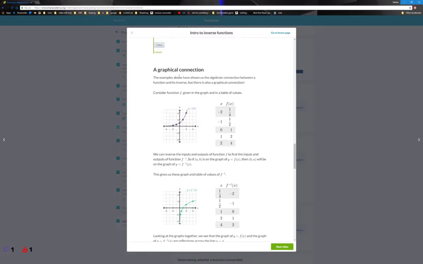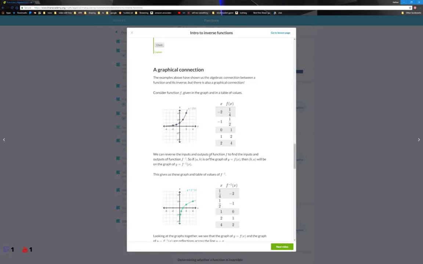And that's correct. So, graphical connection. The examples above have shown us the algebraic connection between a function and its inverse, but there are also graphical connections. Consider function f given in the graph and the table of values. We can reverse the inputs and outputs of function f to find the inputs and outputs of f inverse.